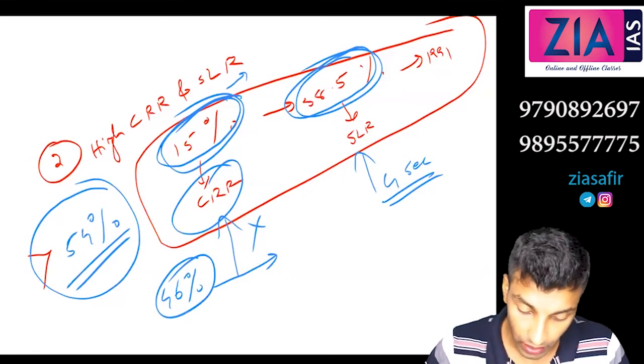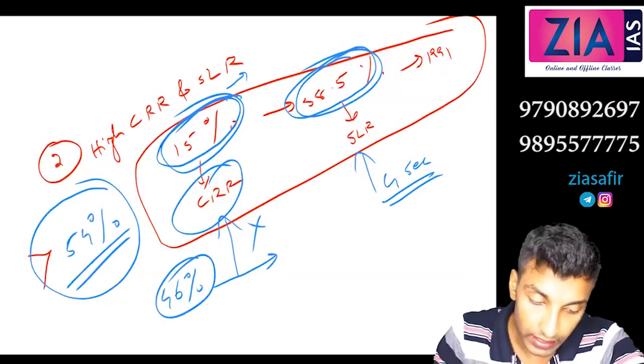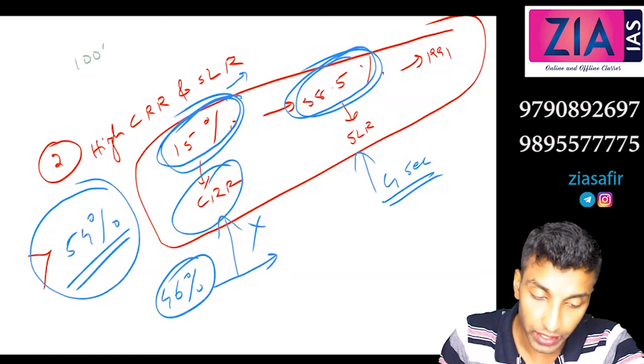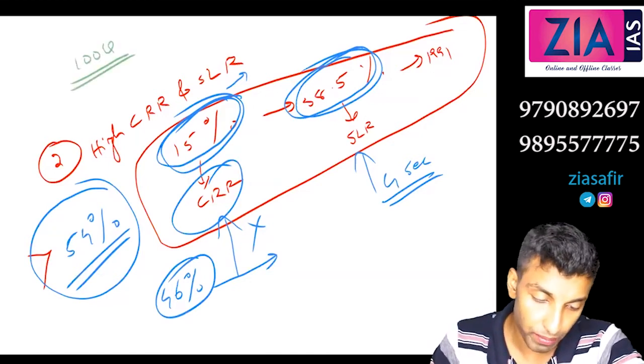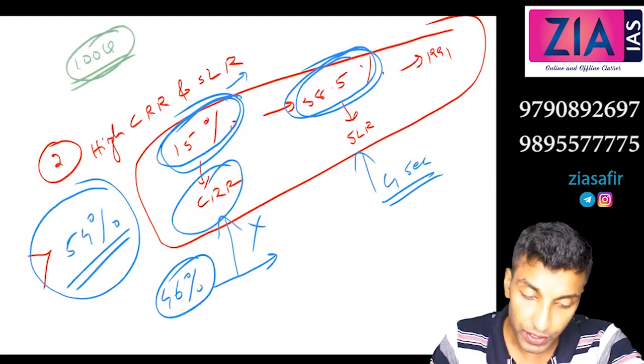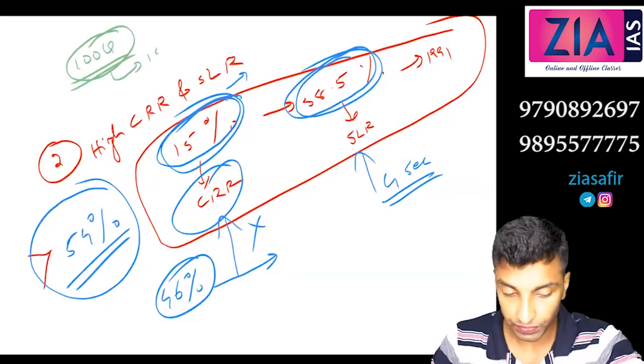The issue is also more because of priority sector lending. Let's suppose 100 crore is coming in as deposit or demand and time liability. If the bank has 100 crore, 15%, that is 15 crore, is gone as CRR.